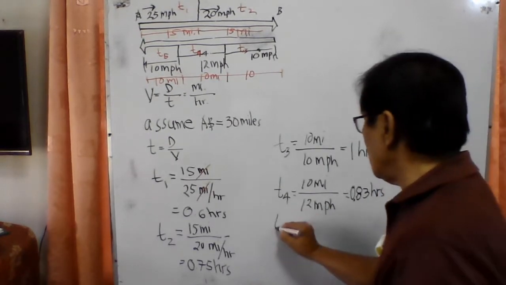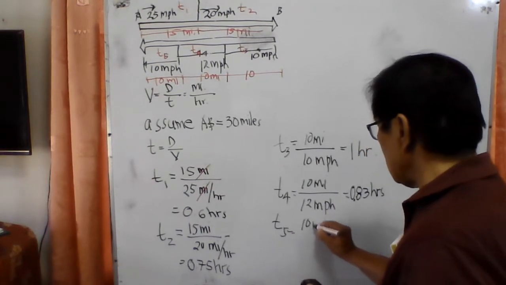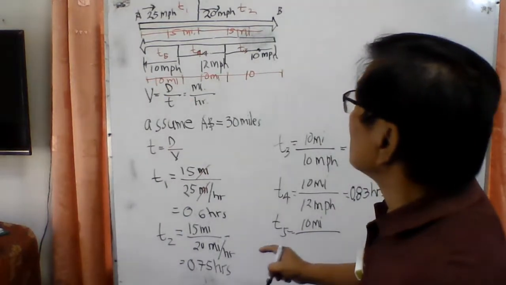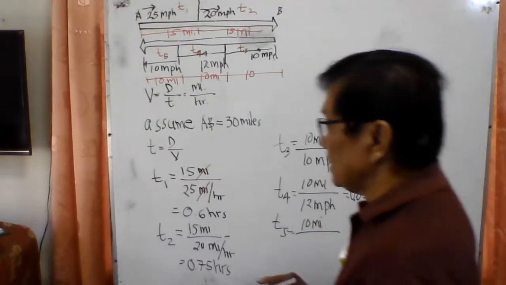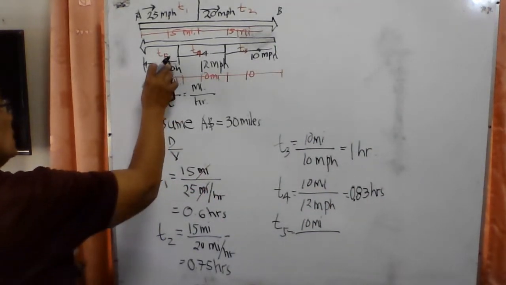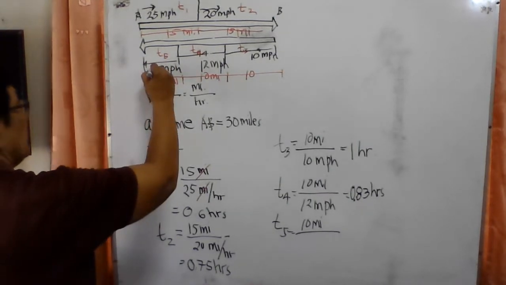And then T5 equals 10 miles over the speed, which according to our problem definition is 5 miles per hour.